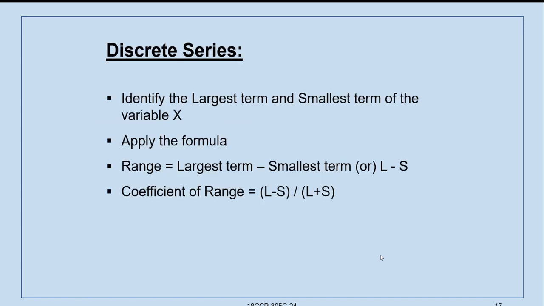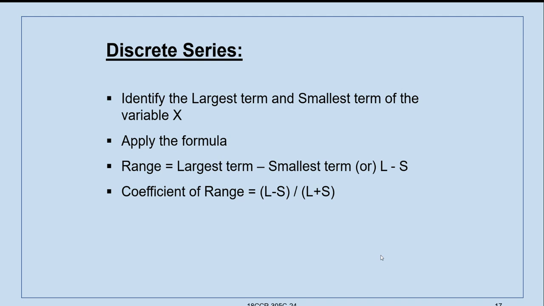Now we will see discrete series. In discrete series, first you identify the largest term and smallest. Here in discrete series and continuous series, we will be having frequencies, but we will not consider the frequencies.